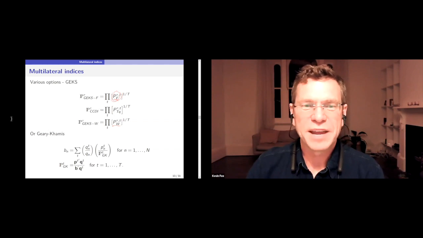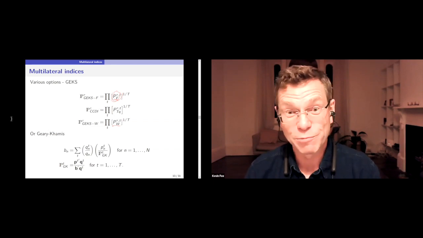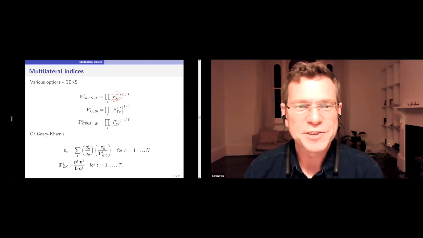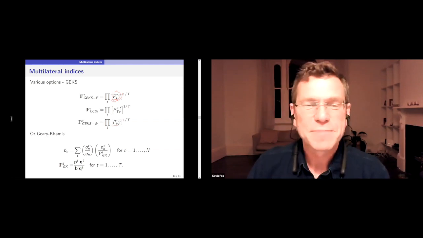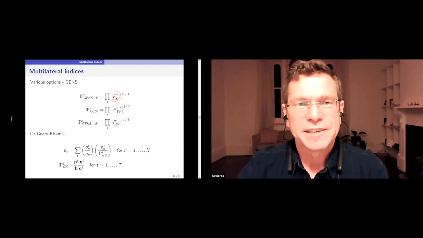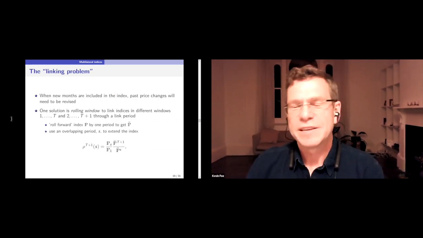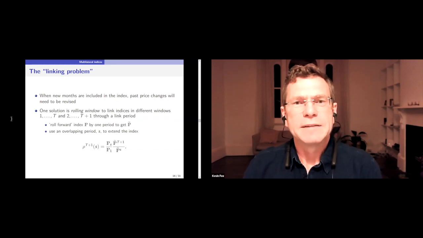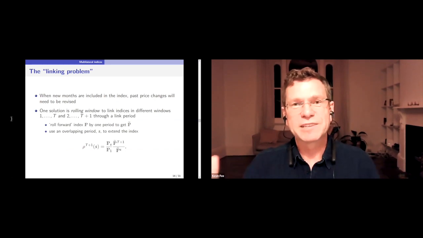It went out of favor because it became known that its theoretical properties weren't so good, but it seems to have made a comeback, surprisingly, in the prices literature with scanner data. There are other methods like the weighted time product dummy method, etc. But these are the main ones we're going to be focusing on here. So we've got this linking problem. Okay, so we mentioned that we can construct these.